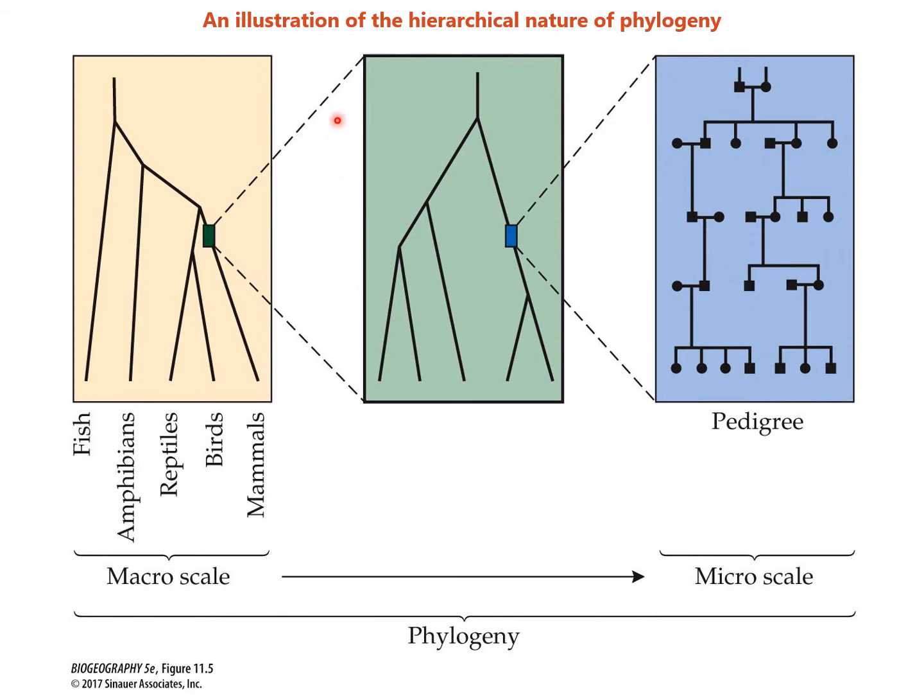Here's an illustration of the hierarchical nature of phylogeny, where you might have a cladogram or some phylogenetic tree showing these evolutionary relationships. You can construct this pretty much with the fossil record, and you could even zoom in on some of these branches and look at individual species and past species that might have branched off at certain times.